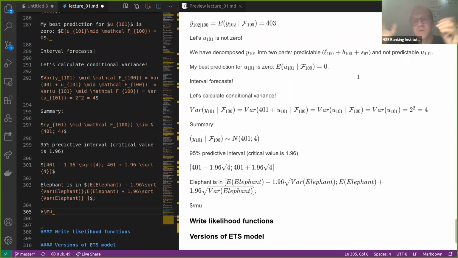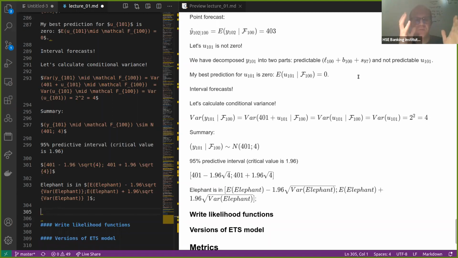That's bad terminology, but the formula is always simple. If the elephant is normally distributed, then the confidence interval for the elephant is like that, or maybe elephant is too big.